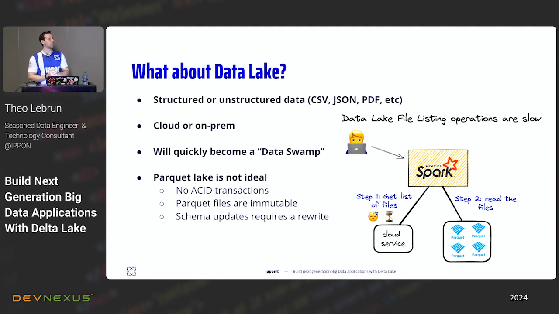The whole point is that because storage is very cheap, the whole idea was, let's just put all our data in our data lake. Let's store everything, and then we can query it. It could be on the cloud, like on AWS S3, for example, or just on-prem on your storage system.